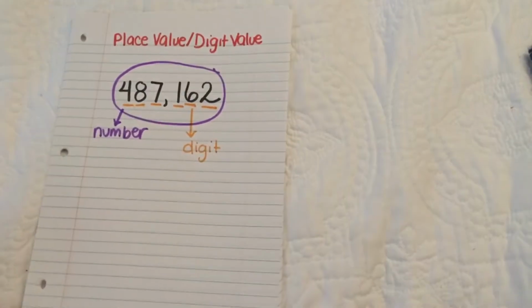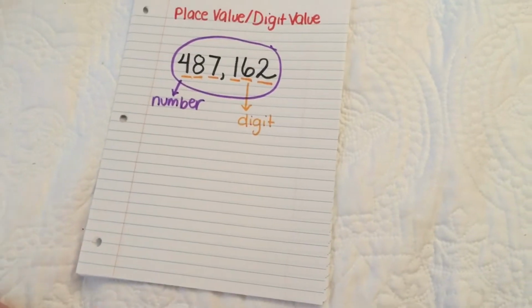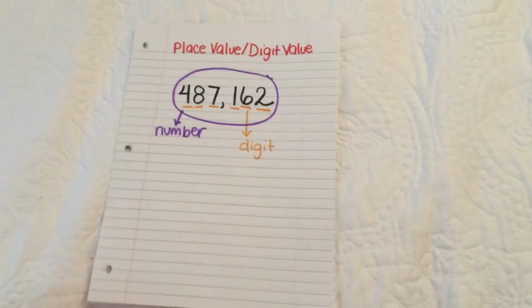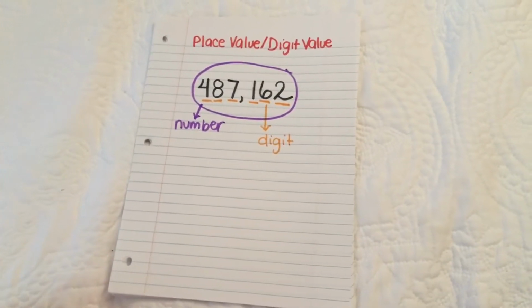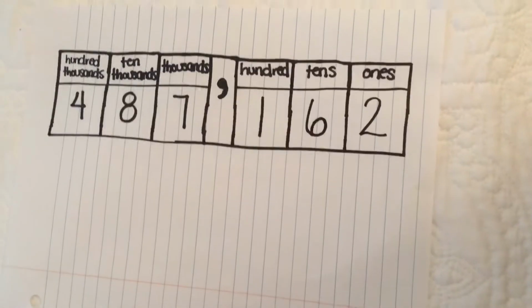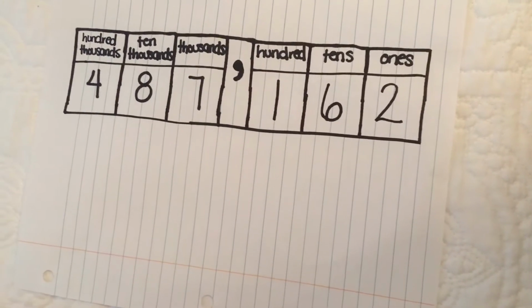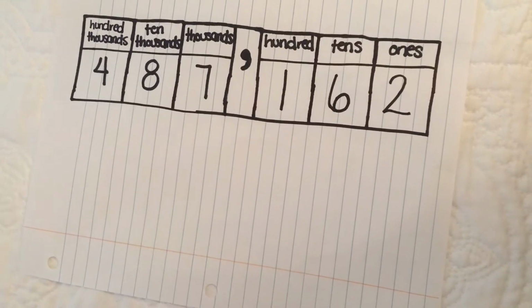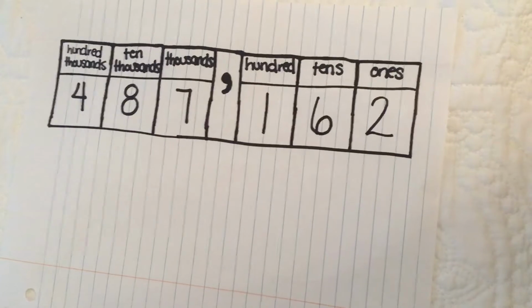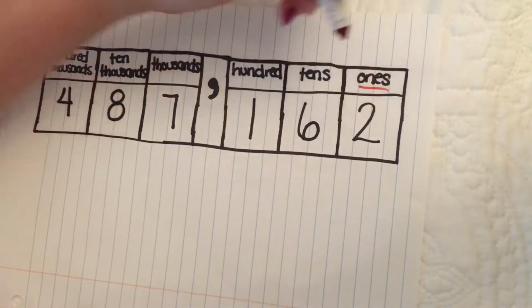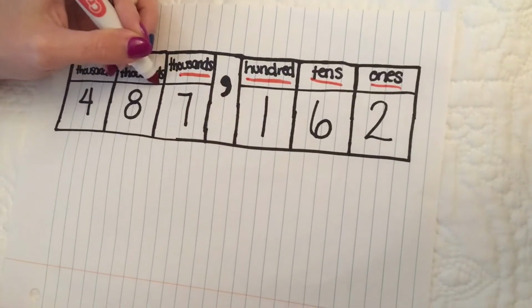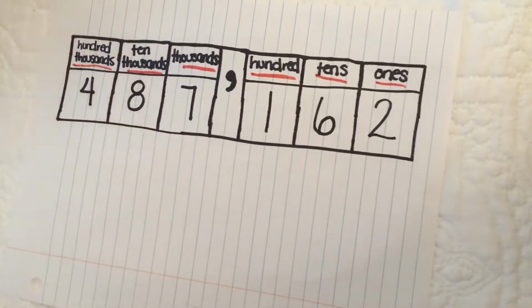Now the next part that's really important is the difference between place value and digit value. In order to do that, we need to make sure that we know our place values. So if we take this number and expand it into each place value, it's really important to know that these are the place values: ones, tens, hundreds, thousands, 10,000s, 100,000s.